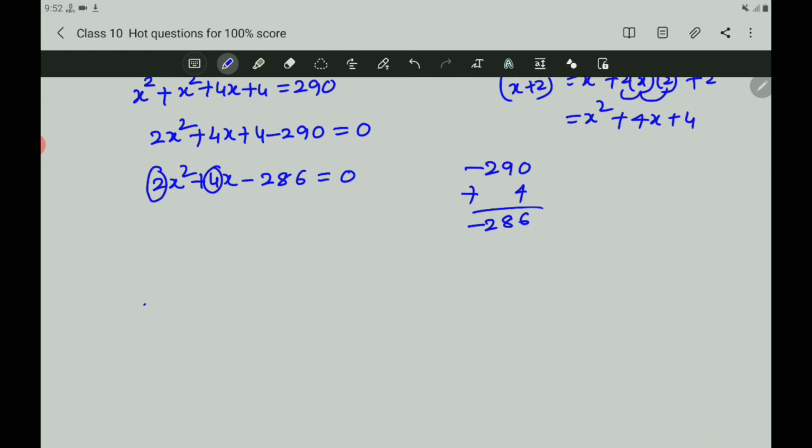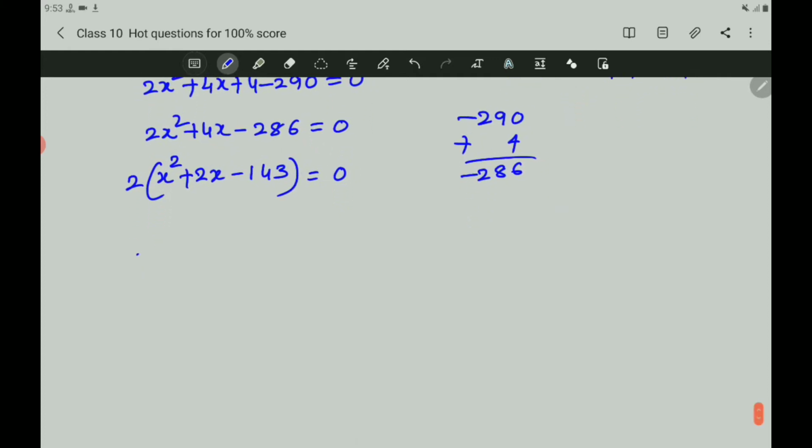Then again you can observe here 2, 4 and 286. They have a common factor, that is 2. So you take 2 outside as a common factor, and in the bracket you will get x square plus 2x, since 2 times 2 is 4, minus 143, since 2 into 143 is 286, equals 0.